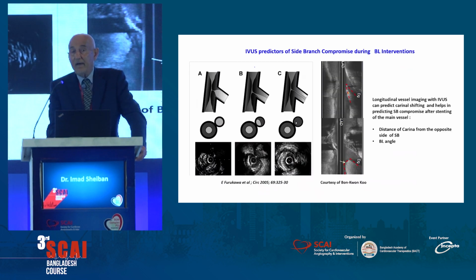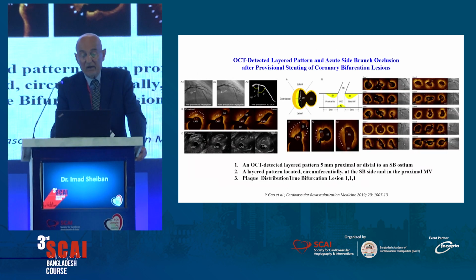We have intravascular imaging predictors in IVUS: the distance from the carina to the opposite side of the side branch, and the bifurcation angle, meaning the origin of the side branch angle, which can be determined mainly by the longitudinal view with IVUS. The layered pattern and acute side branch angle in OCT can also be predictors of side branch occlusion.